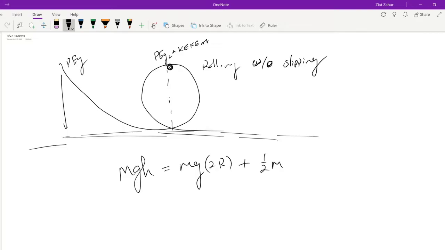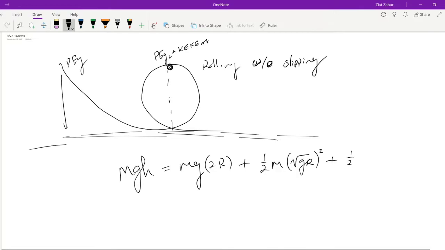Now v represents the speed of the center of mass, of course. So your center of mass still has to go root gr, or square root gr, but some of the potential energy is also converted into the rotation of 1/2 I omega squared.